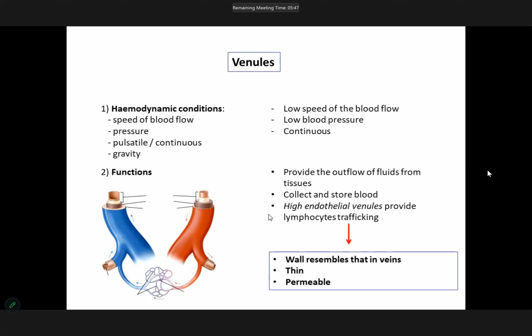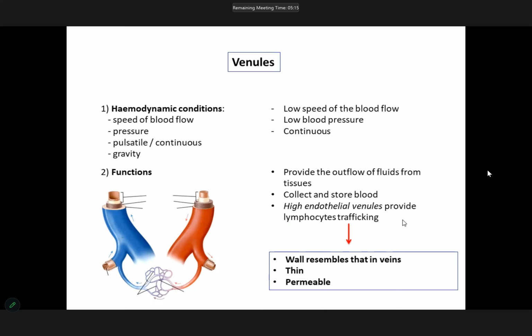They are very specific venules which are located inside the immune organs, such as lymph nodes and spleen, which provide lymphocyte trafficking. Through the wall of such venules, lymphocytes can enter the blood vessel or go out from such venule.